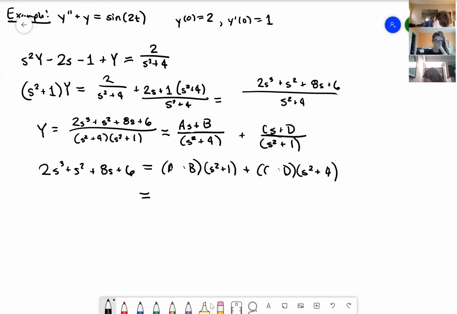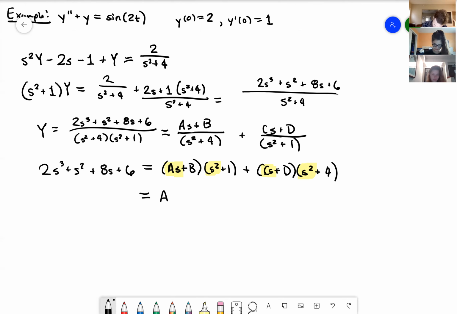There we go. Okay, so the cubics will be as times s squared, so that'll be a, and then cs times, I'm actually pointing at it, but you can't see what I'm pointing at. There we go. These are the cubics.